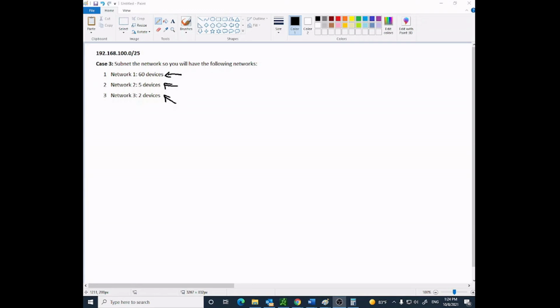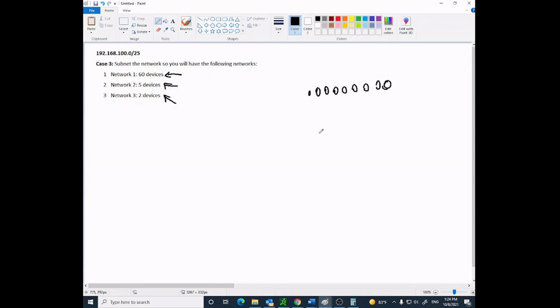So for network number 1, which contains 60 different devices, this is what we're going to be doing. We will start the same way we started with case number 2. Since this is a /25, nothing is going to be done to the first 3 numbers here. We're going to be focusing on the last one, which, as we showed you before, is going to be 0, 0, 0, 0, 0, 0, 0, 0.